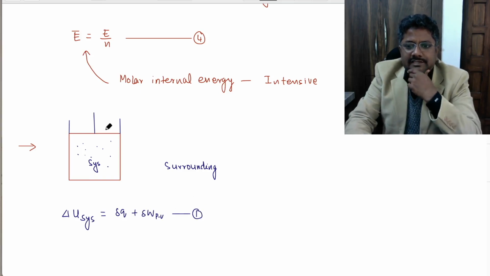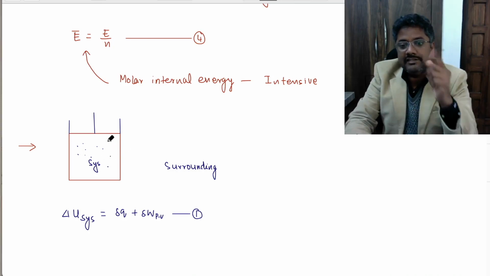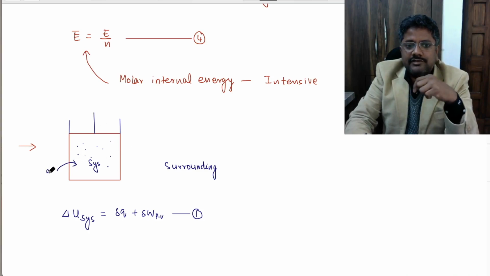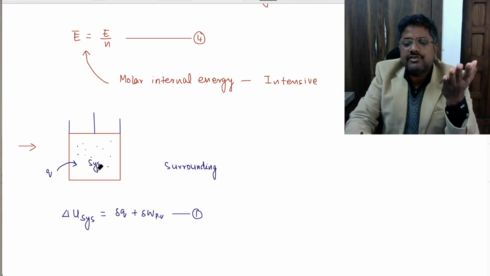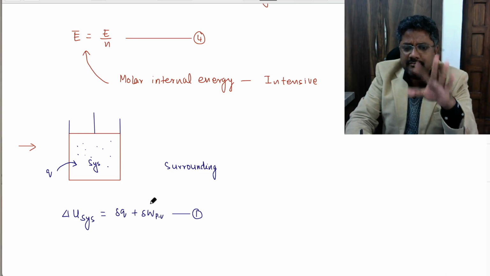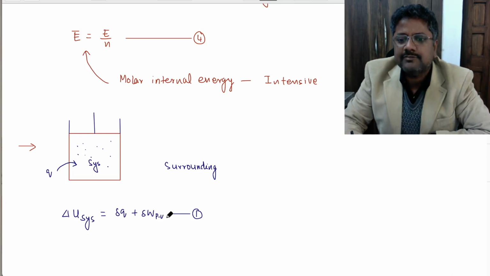Suppose that gas is expanding and temperature is constant. If gas is expanding, meaning gas is doing work, then how is temperature constant? Because an equivalent amount of heat will be transferred from surrounding to system. So the energy of the system increases, so Q is positive, right? And the system is doing work, so when we use the formula we put minus PV, but here we should write plus W. When you replace this, you can write minus P external dV, right?